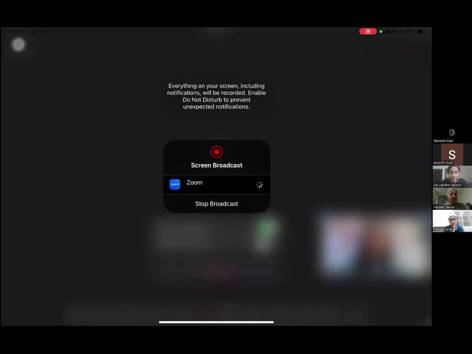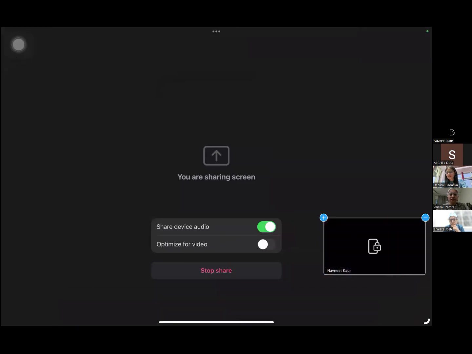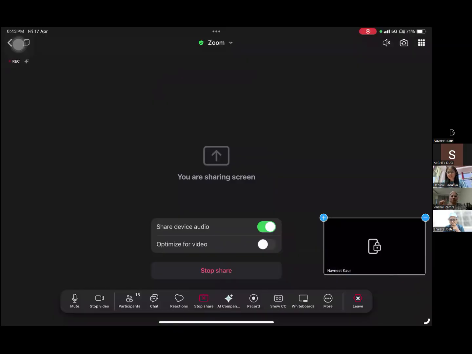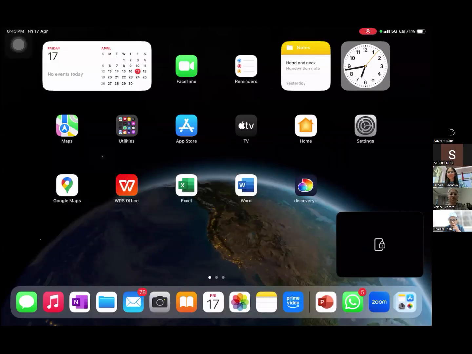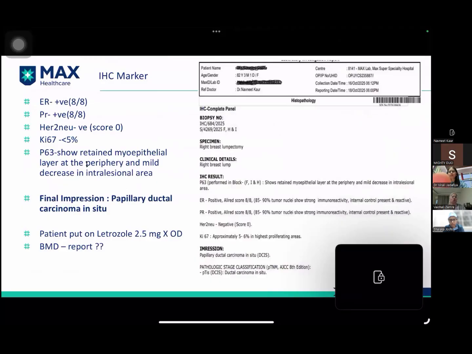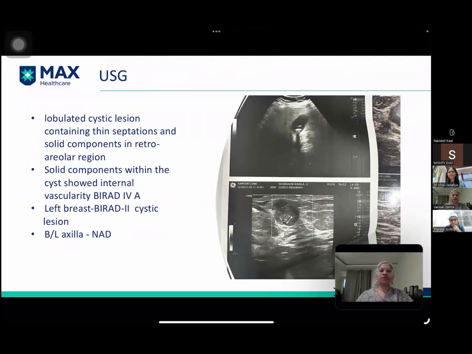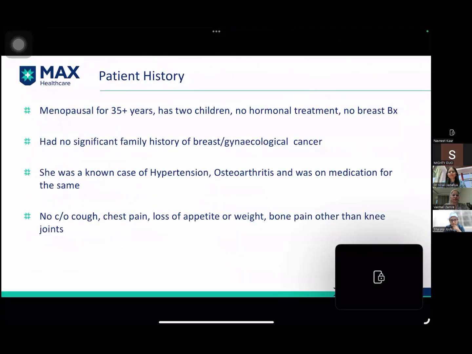Yes, you can see the share button. Keep your PPT open on your device so that when you share screen, it opens up directly. Yes, we can see your PPT. Please go to the first slide and start from there. Yes.